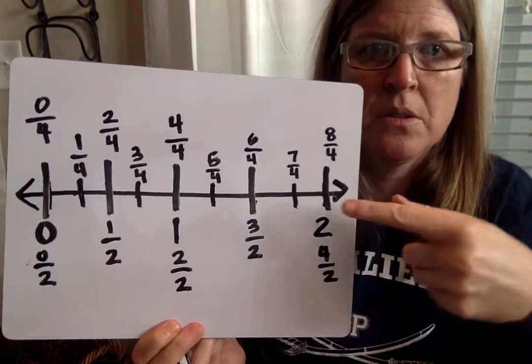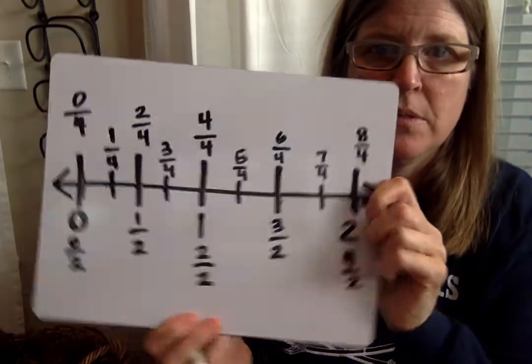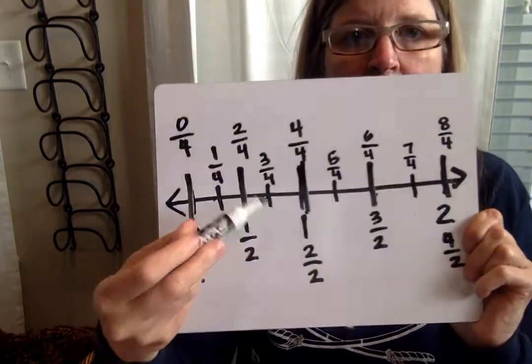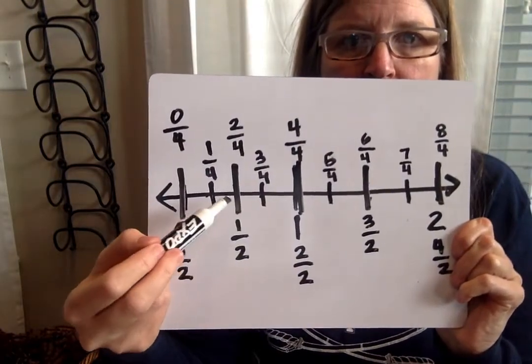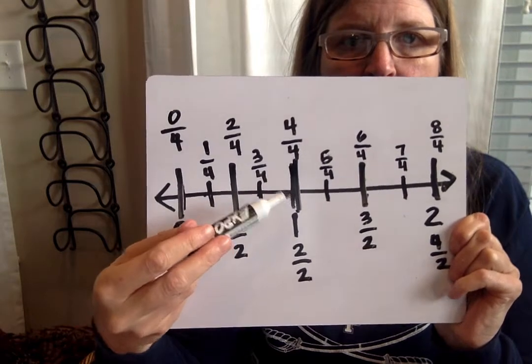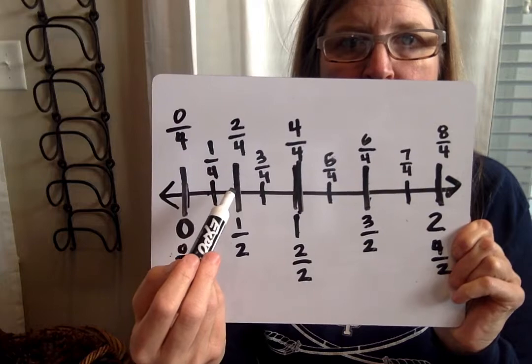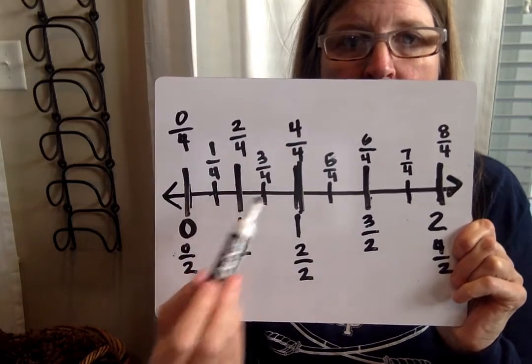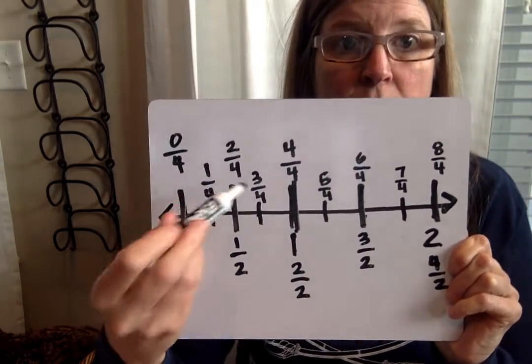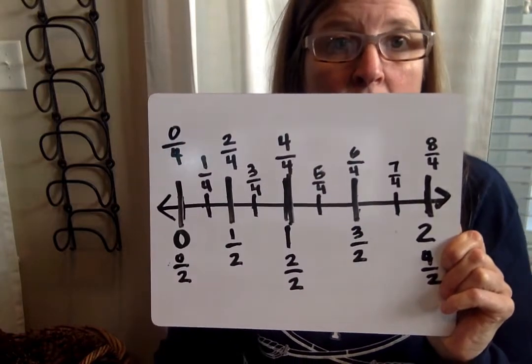2/4 or 4/2? Well, remember, here's number 1 right here in the middle. There's number 1. What's closer, 2/4 or 4/2? Let's see how many 2/4 is. 1, 2. So 2/4 is only 2/4 away from 1 whole.